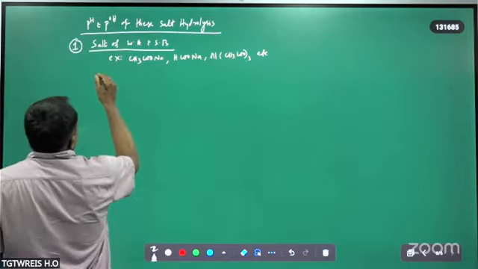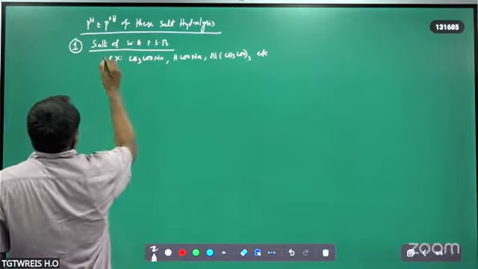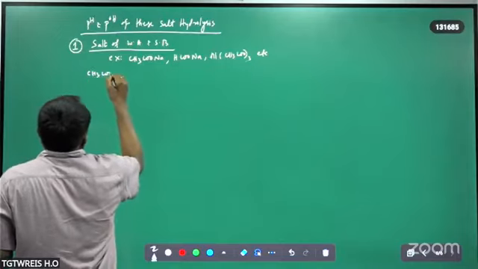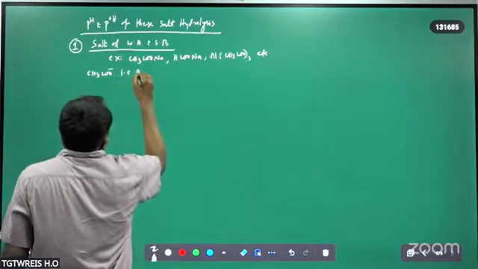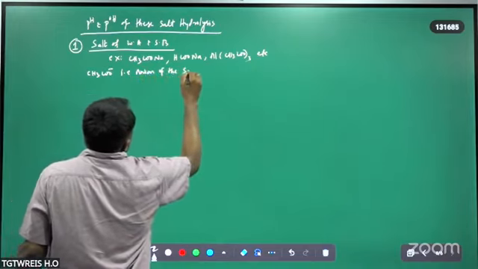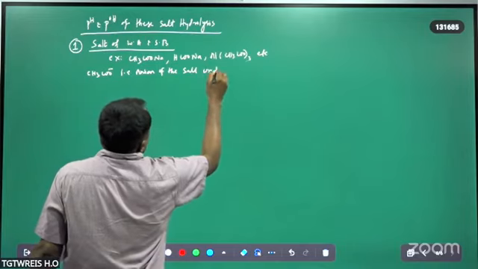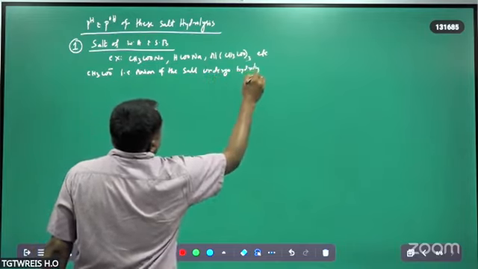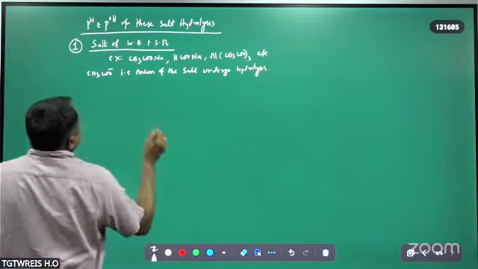In this, CH3COO minus, that is the anion of the salt, undergoes hydrolysis. This is the anionic hydrolysis.